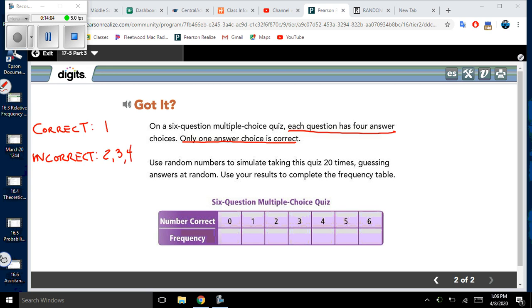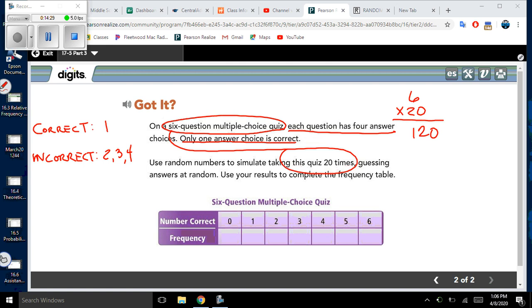It says you have 6 questions on the test, and you want to randomly simulate the quiz 20 times. So if I have 6 questions on the quiz and I want 20 quizzes generated, I have to generate 120 numbers. 120 numbers, all right?